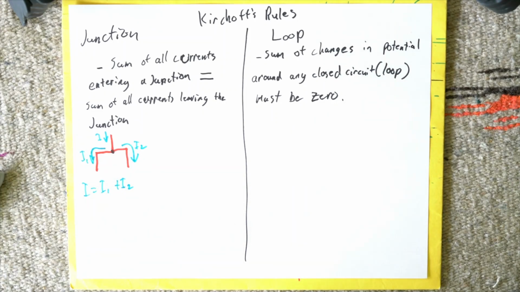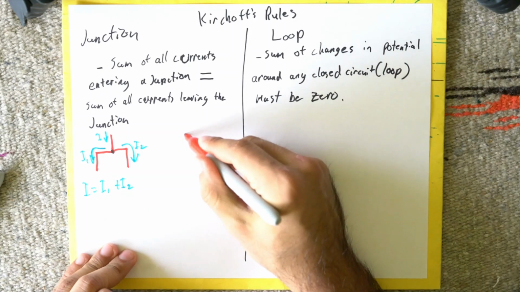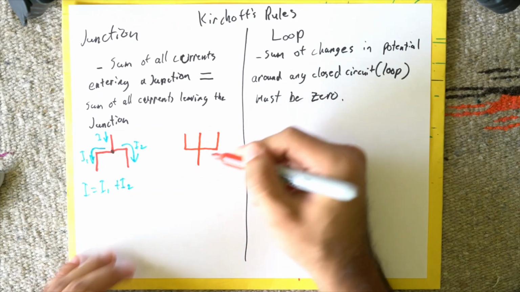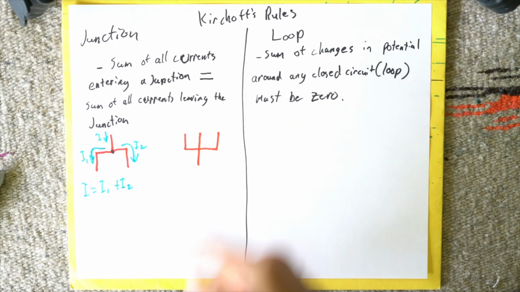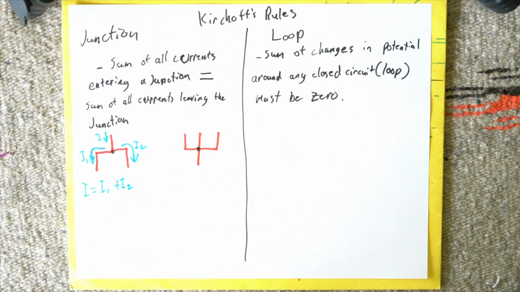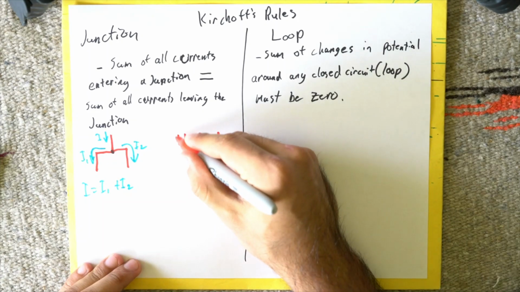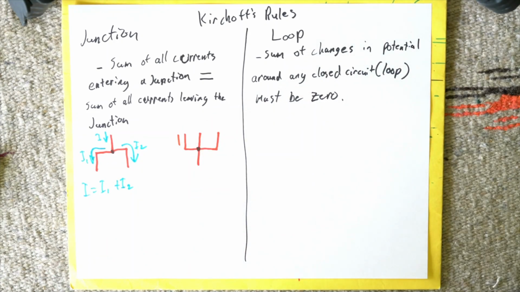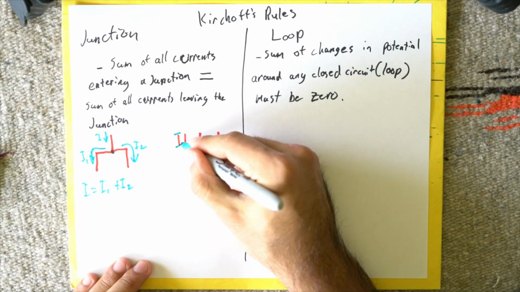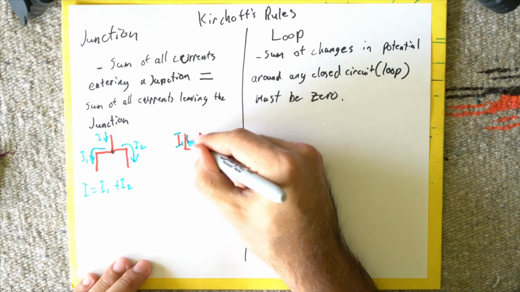Let me draw a different circuit. This time we'll have something like a fork almost. And then right here where they all meet again, this would be my junction. And so then all these currents coming in, we'll call this I1 coming through here.